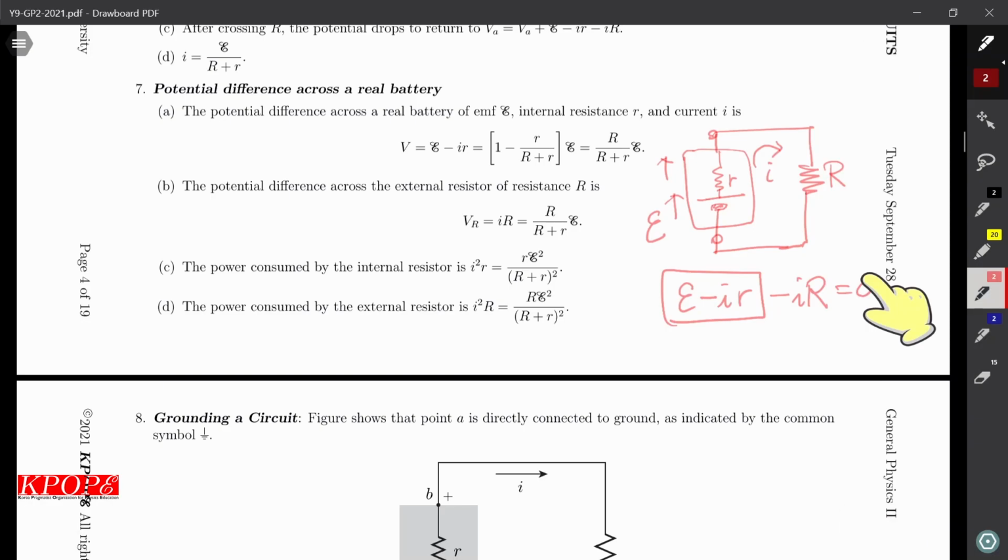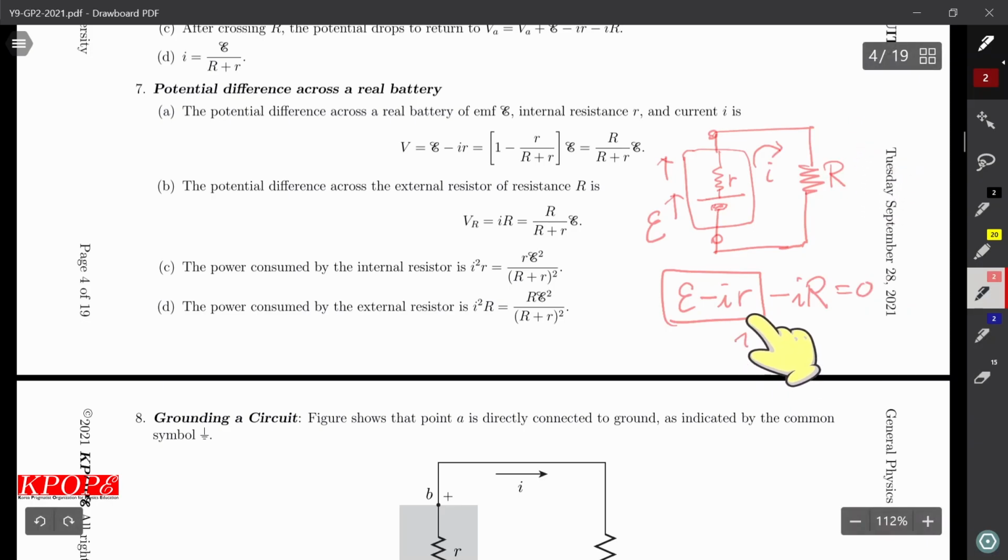So the current I is E over R plus r. This is the current. And the potential difference between the two terminals of the external resistor is IR.